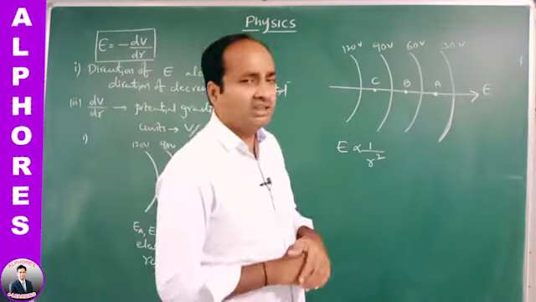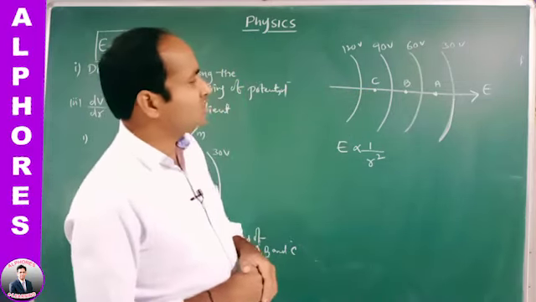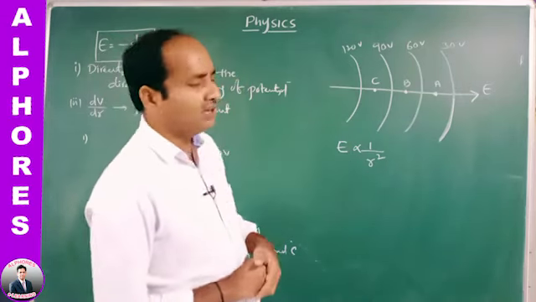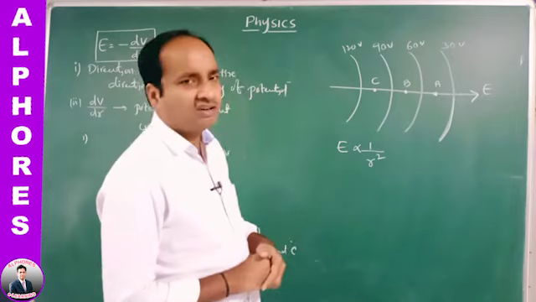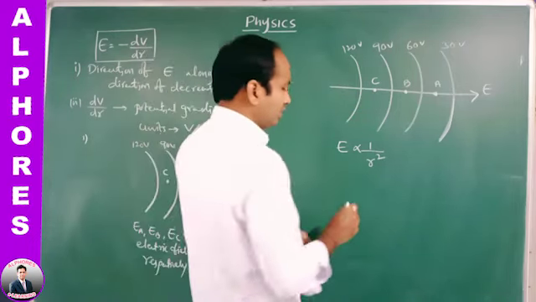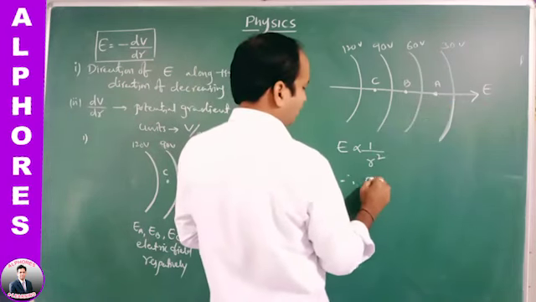If you observe this, the distance of point A from the source is far away as compared to B and C. The distance of A is largest, the distance of B is moderate, and the distance of C is least. So we may write: where the distance is larger, the electric field is smaller.